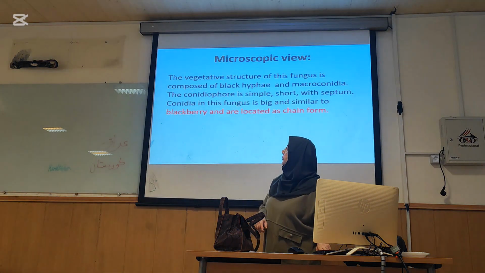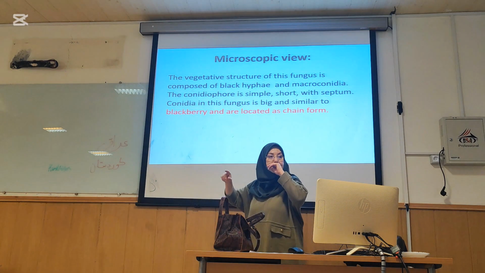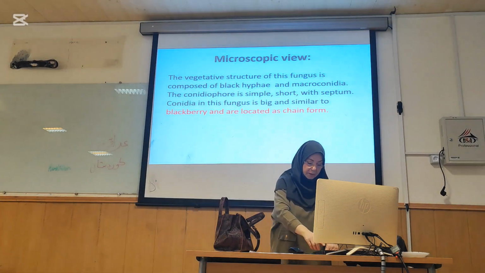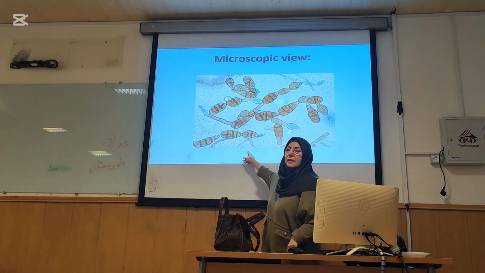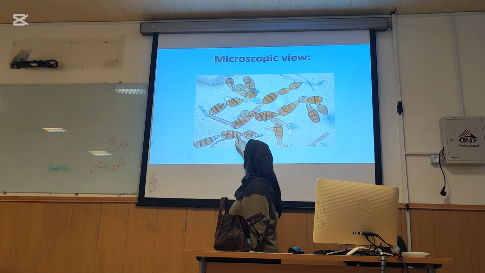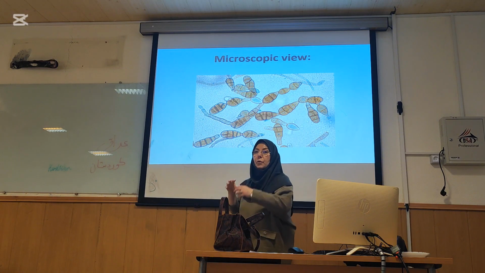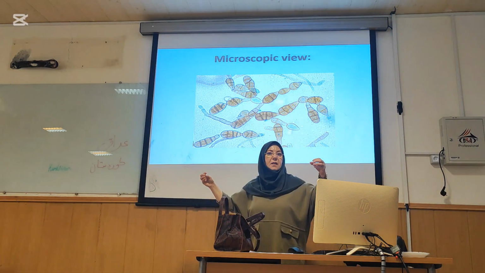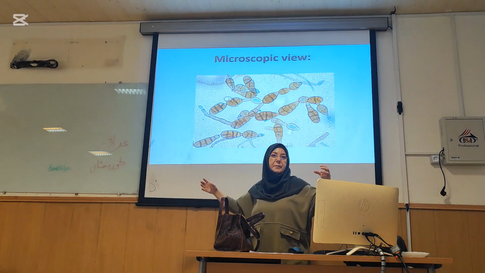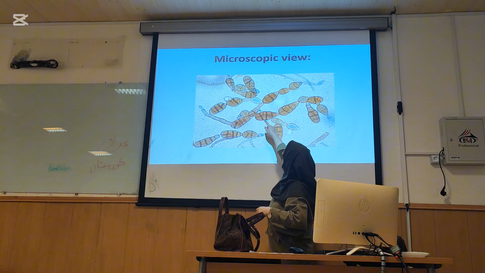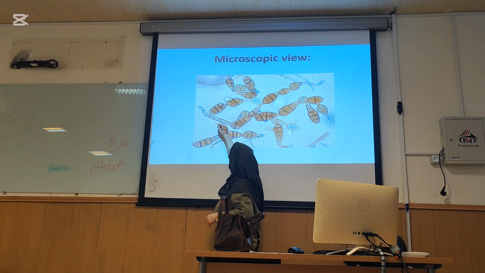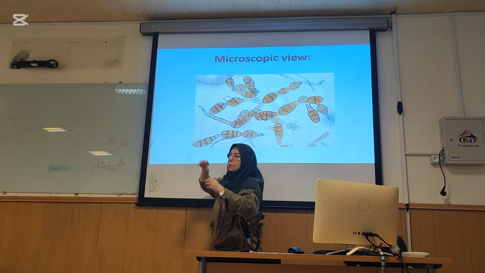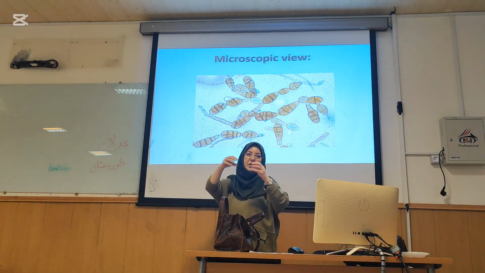Under the microscope, you can see the shape of a blackberry, like this figure. These are macroconidia that are attached as a chain, and this chain is attached to the mycelium, one hypha.